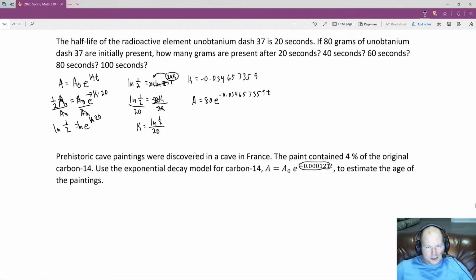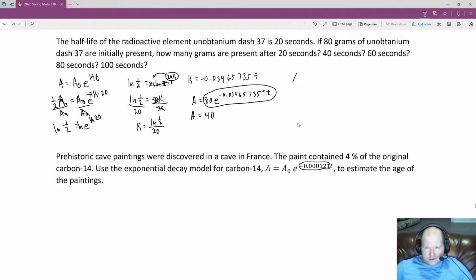Now this is just a number, so we plug this into our calculator and it should spit out the correct amount. After you plug it in, it's very close to 40. So it's approximately half, which makes sense. If the half-life is 20 seconds and we start off with 80, after 20 seconds we should have half of it. Based upon this, it should halve every 20 seconds.